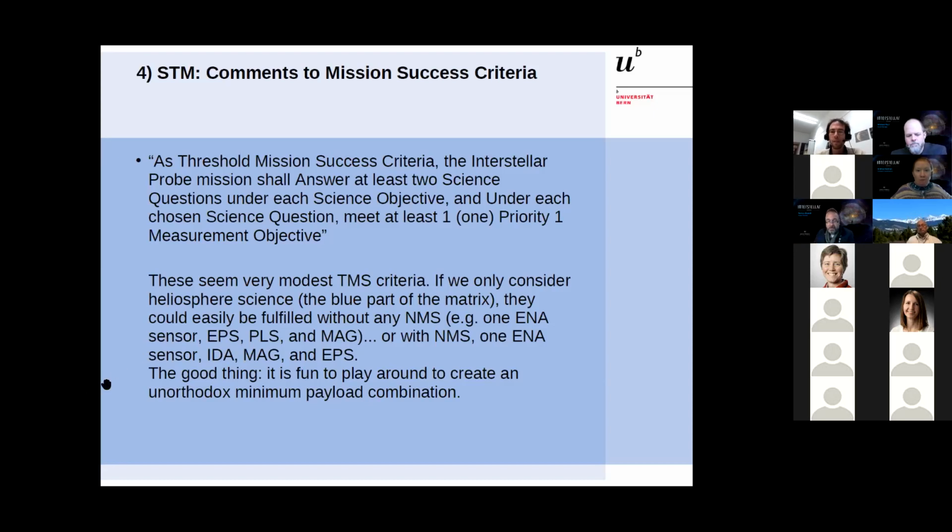I made this exercise here listing two sets of threshold mission criteria. So I think it's a useful exercise at this point, but it was just my observation that the threshold mission success criteria are really quite low. But that's maybe rather strategic than scientific.